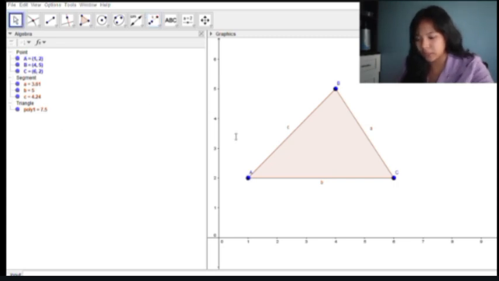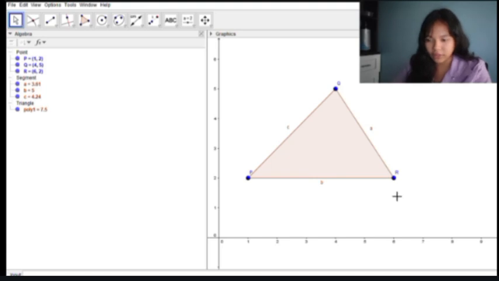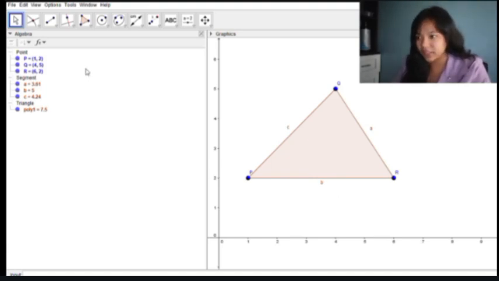Put it as P. We can rename it as R, Q, and then 4, 5 would be C. And it says to dilate it to the point P. So the factor would be 3.